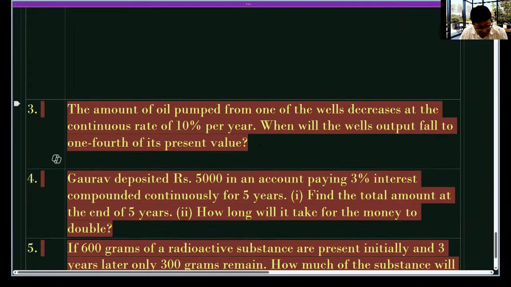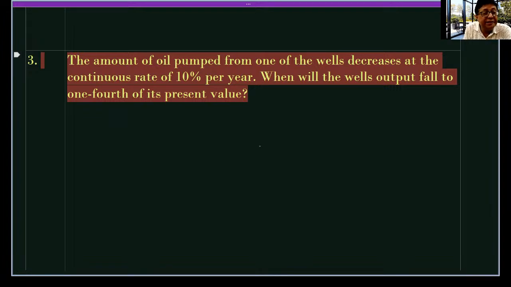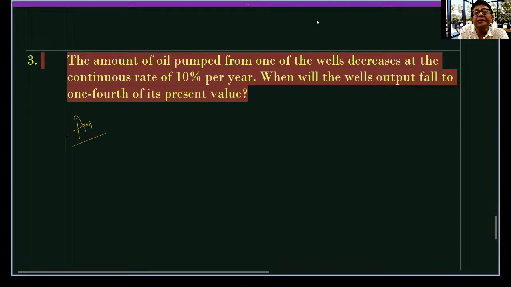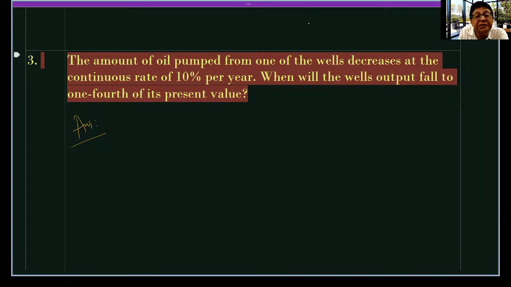This one. Amount of oil pumped from one of the wells decreases at a continuous rate. This is a decay problem. What do you mean by this? What is continuous rate? This rate is always the decay constant.